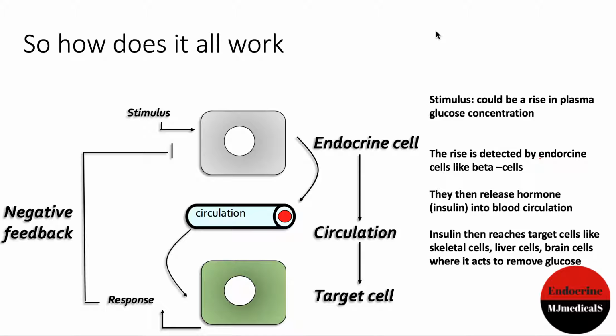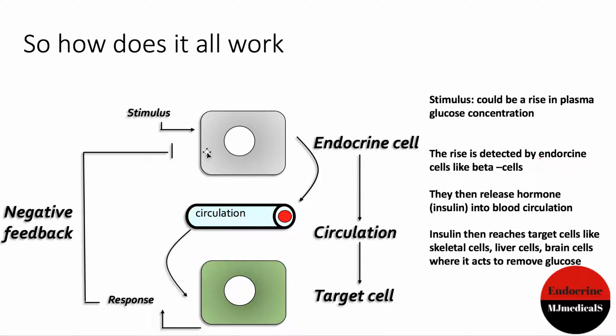This rise in plasma glucose concentration is usually detected by these cells here, this initial endocrine cell, and these can include things like beta cells found within the pancreas or the islet of Langerhans, or alpha cells which release glucagon. So an example of an endocrine cell here would be the beta cell, right? Now the stimulus would be an increase in plasma concentration.